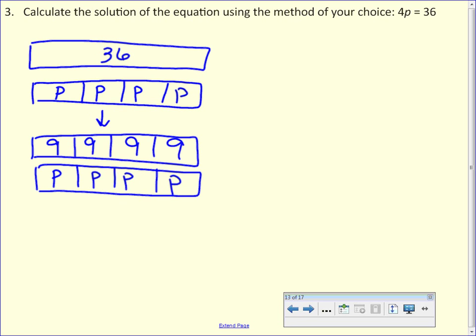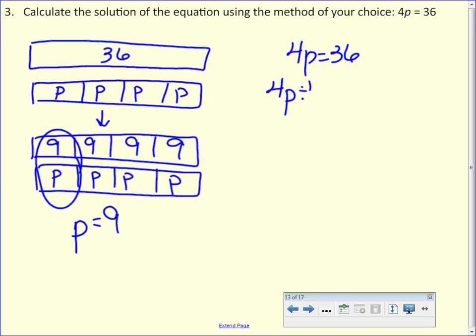Well, that's not confusing looking at all. So p equals 9. If you were going to do that algebraically, 4p equals 36. 4 times p divided by 4 equals 36 divided by 4. I have to do the inverse to both sides. So that leaves me with p, 36 divided by 4 is 9. So both methods gave me 9.